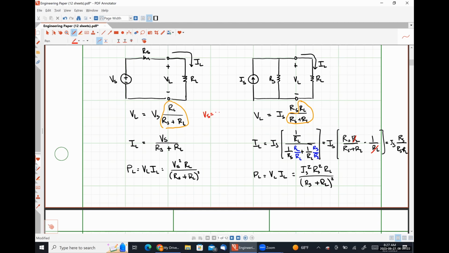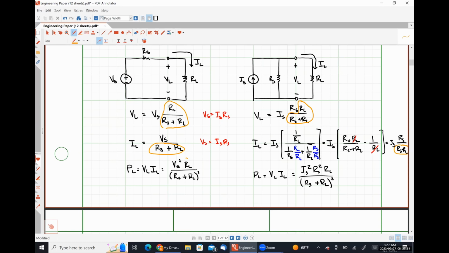So in order for these two things to be equal to each other, we would need VS to be equal to IS times RS. If we look at our current representation, we have a factor of 1 over RS plus RL in both representations, which means these things will be equal if VS is equal to IS times RS. What about the power relationship?